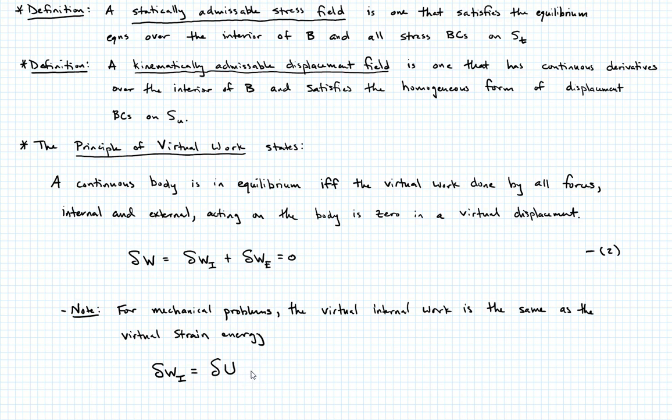That's the virtual strain energy now. And that's going to be equal to the integral over the body B of sigma ij delta epsilon ij, where delta epsilon ij is the virtual strain caused by the virtual displacements, dV. We'll call that equation 3.